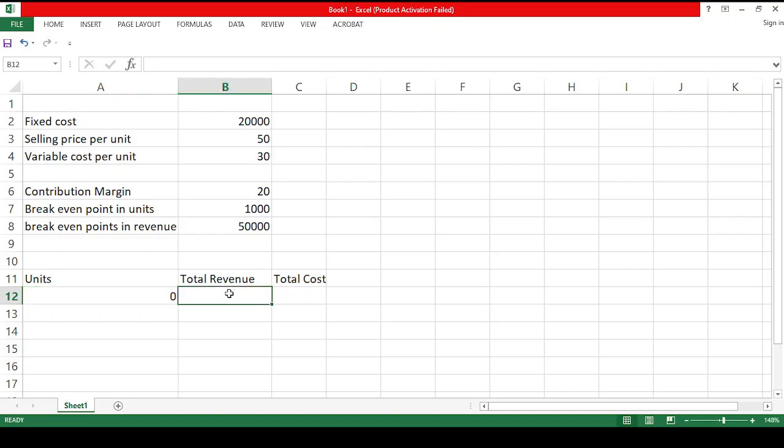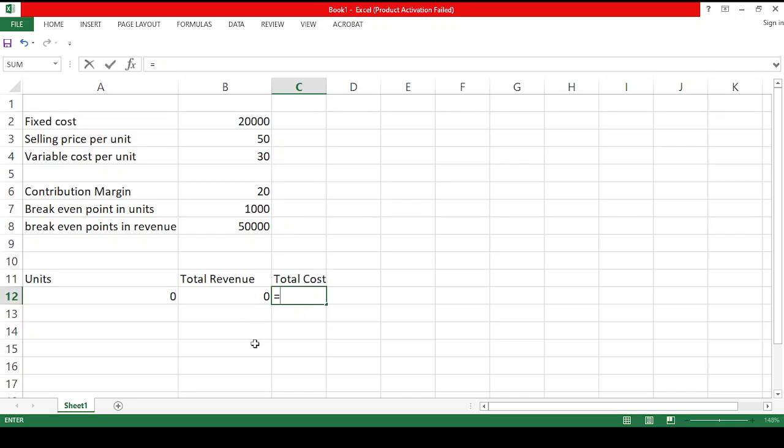So we know the total revenue will be the units multiplied by the selling price per unit. So that will be 0, since the units is 0. So we know the total cost will be the fixed cost plus the variable cost times the number of units.